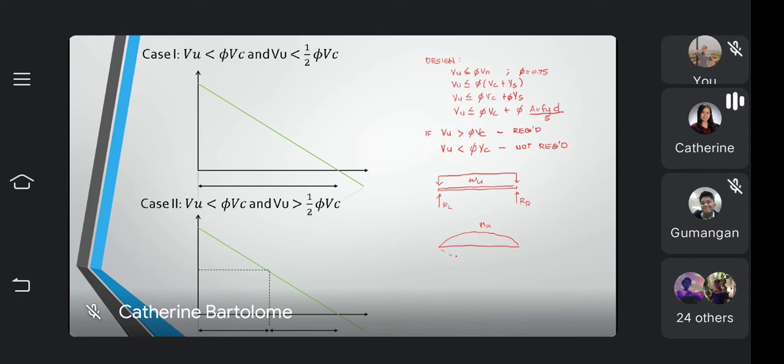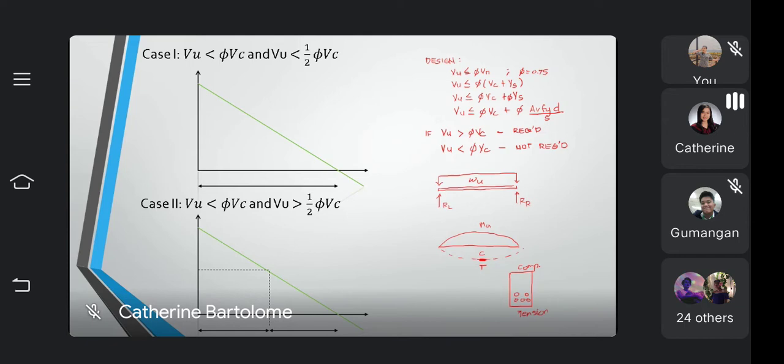Because kapag nag-bend siya in this manner, ito yung critical, di ba? Compression and tension. Dito naka-base, bakit yung beam natin is this is the compression side and this is the tension side. And we always design it critically at the tension side. Okay, so it is based on the moment diagram.